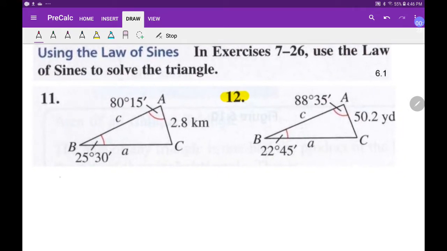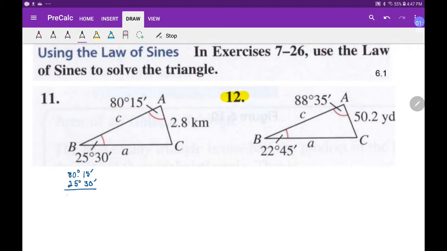So let's see. I think I'll do it the other way. And I also want to say 80 degrees and 15 minutes, no seconds on here, and 25 degrees and 30 minutes.